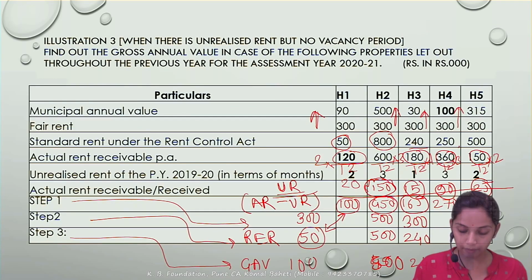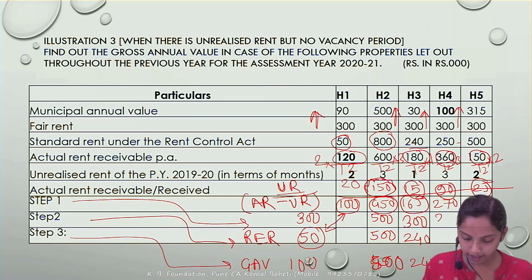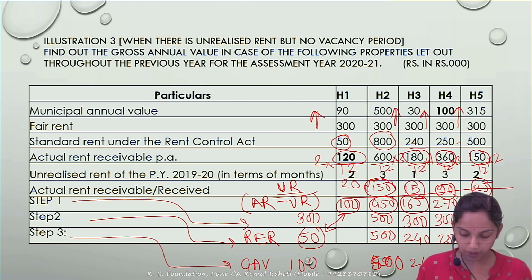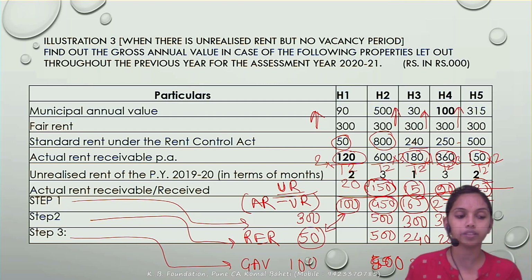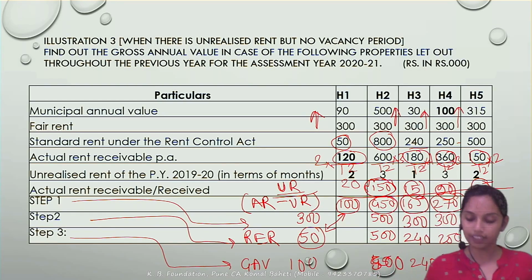That is to be compared with 250, whichever is lower, so 250. The step 1 answer is 300. Step 2 answer, reasonable expected rent, is 250. And that is to be compared with the actual rent minus the unrealized rent, whichever is higher. Correct? So it comes to 270. Are we clear with it?